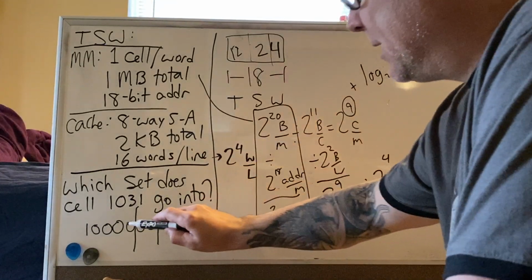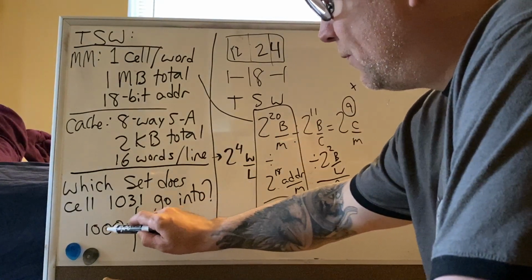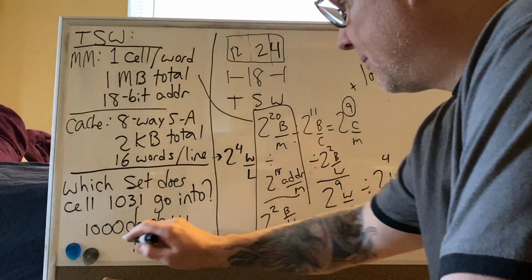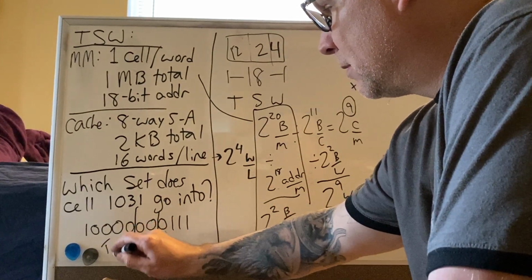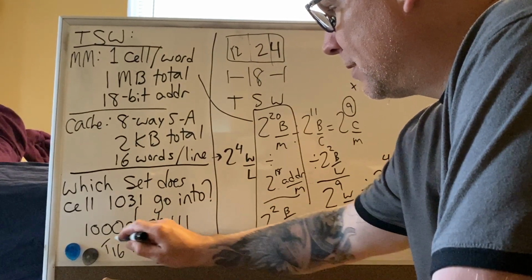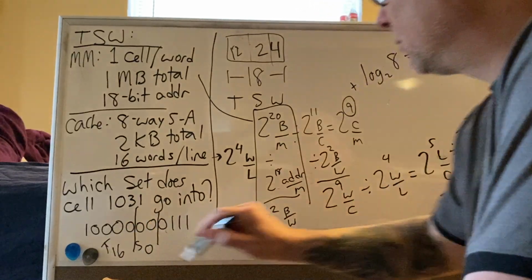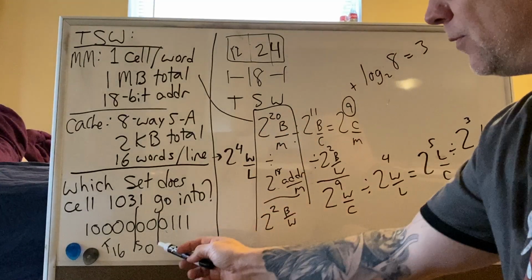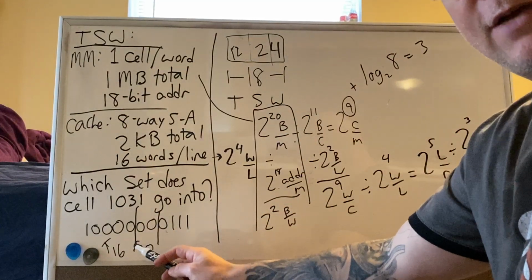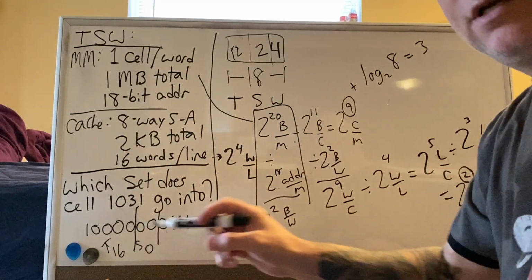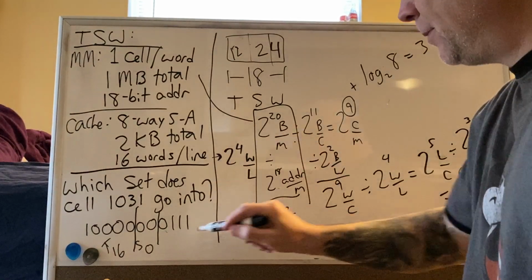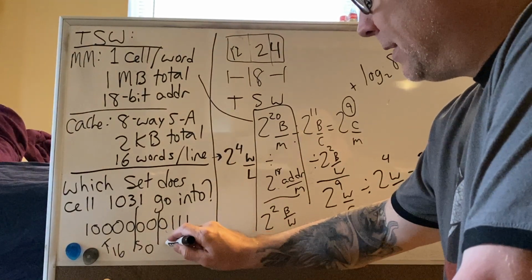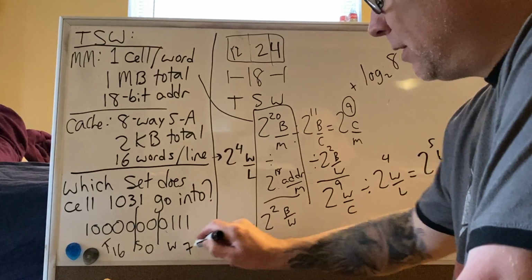And then the tag is 1, 2, 4, 8, 16. Tag 16. Set 0. There's 8 choices. Every set has 8 lines. So when it first goes in there, it will have replaced the least recently used line, for example. And then the word is 7.